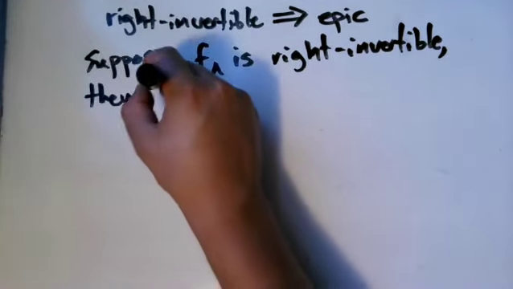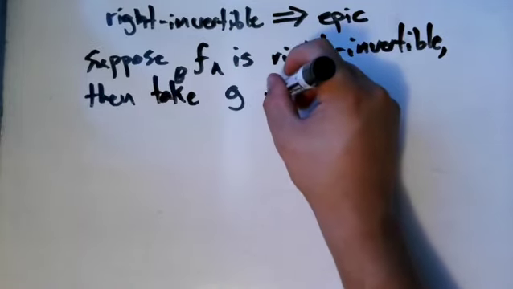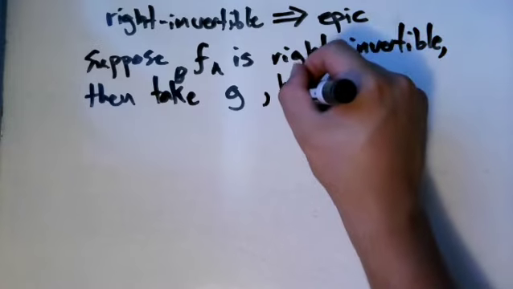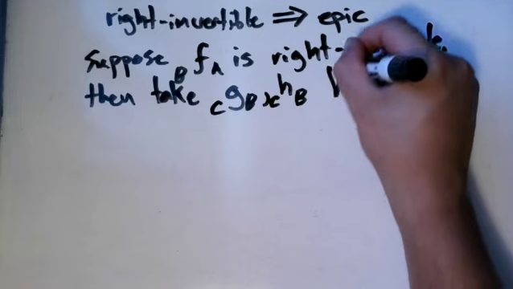Then take morphisms G and H, both going from B to C for any C.